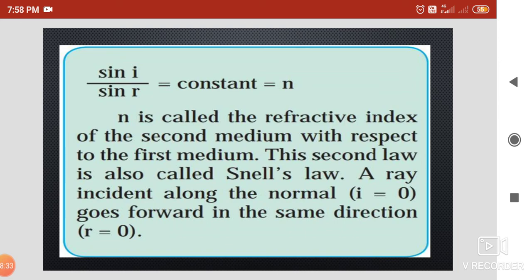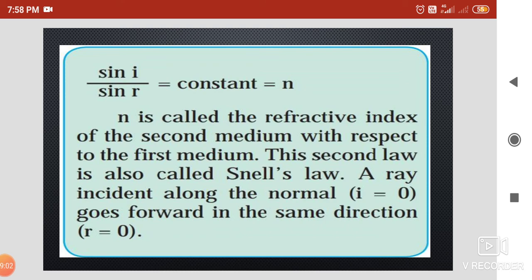So here it is the refractive index of glass with respect to air. This law is called Snell's law. Snell is the name of the scientist who found that this ratio sine I to sine R is always constant for the given media.